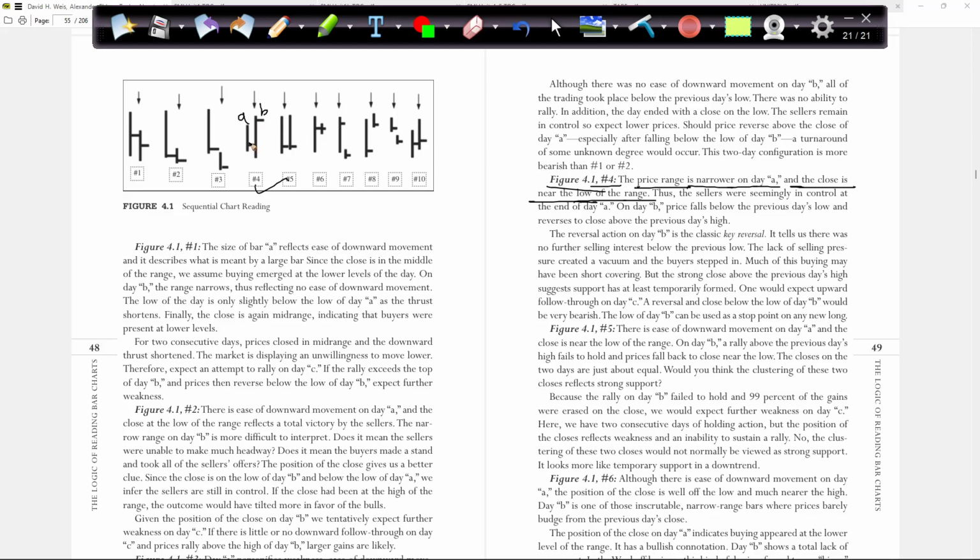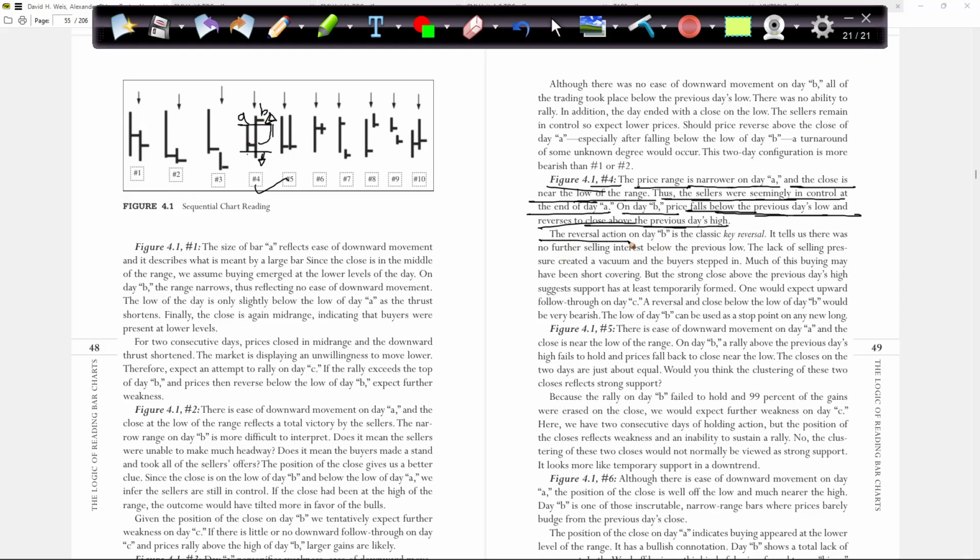Thus the sellers were clearly in control at the end of day A, and on day B price falls below the previous day's low and reverses to close above the previous day's high.